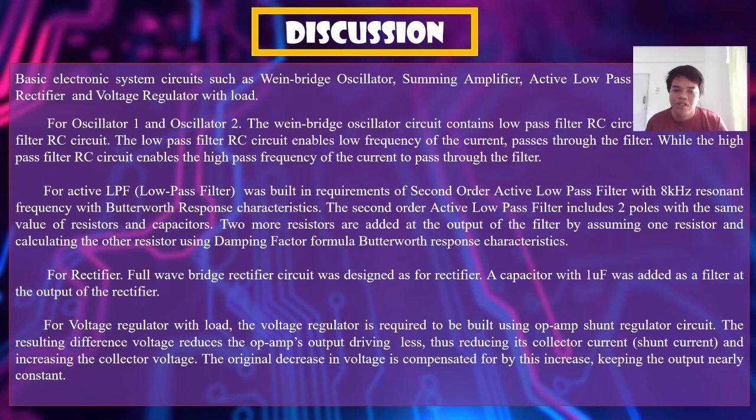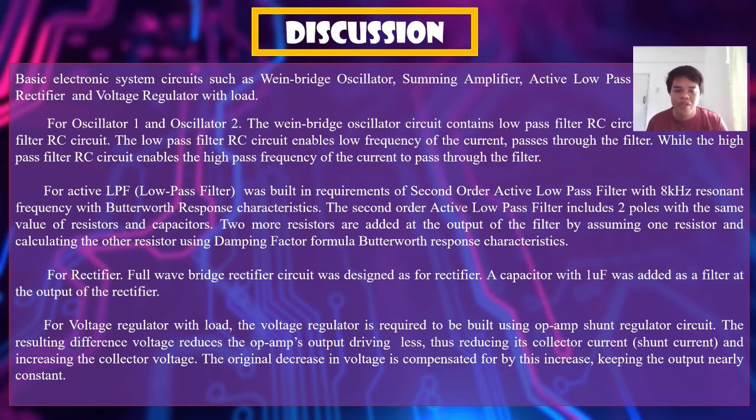Two more resistors are added to the output of the filter by assuming one resistor and calculating the other resistor using the damping factor formula for the Butterworth response characteristic. For the rectifier, we are using a full wave bridge rectifier that was designed for this circuit. Then a capacitor of 1 microfarad was added to filter the output of the rectifier.